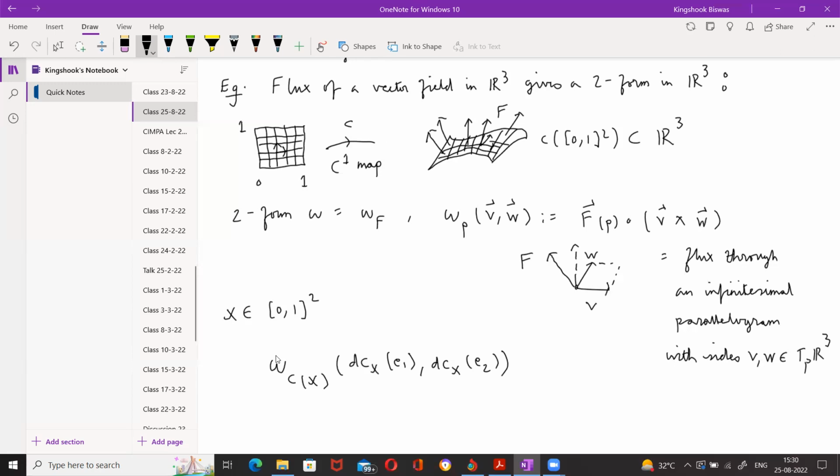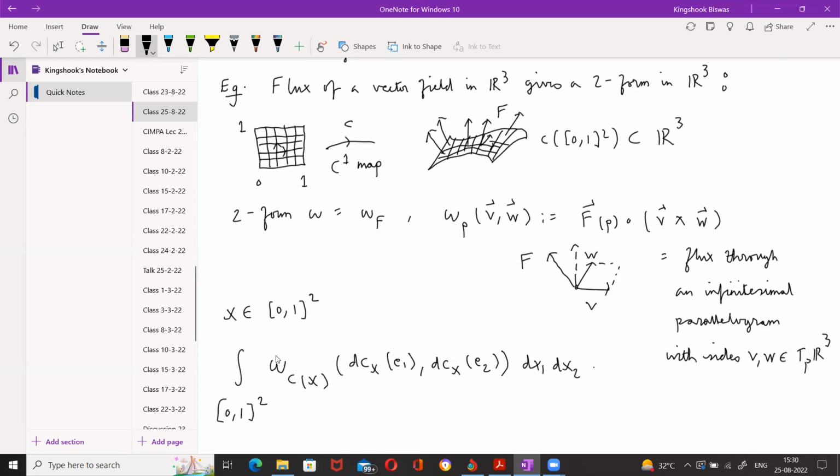Under the derivative, those map to the sides of the parallelogram here. Then I apply omega to get the flux through this parallelogram. This gives me a function of x, a variable in the unit square. Then I integrate this over the unit square, dx1 dx2. Does this make sense?